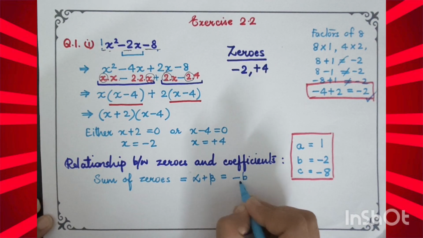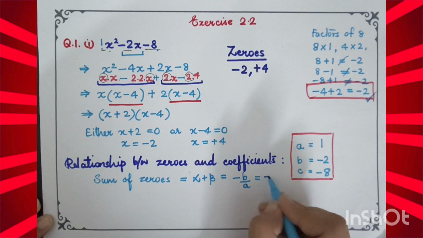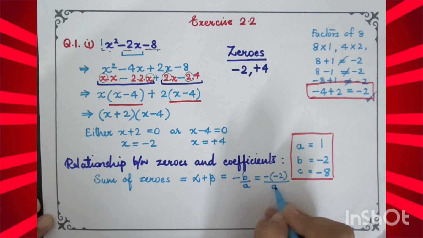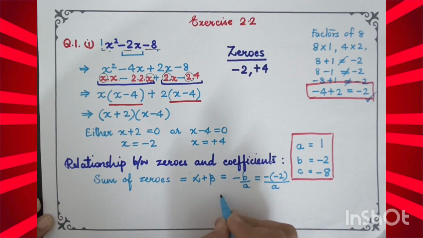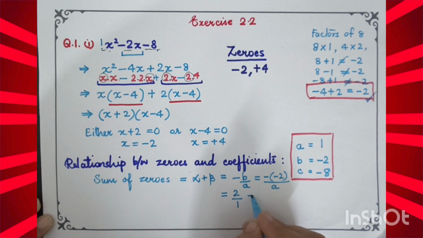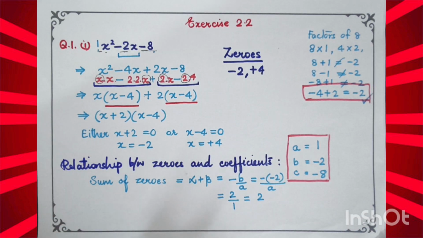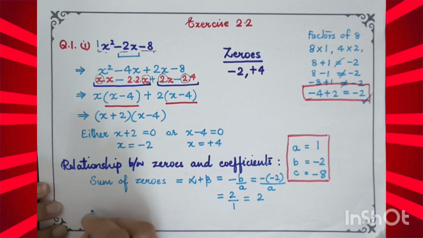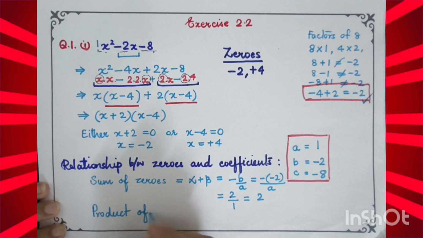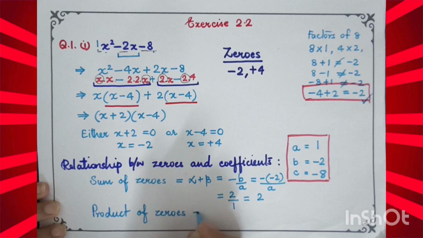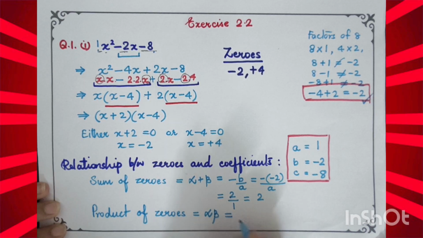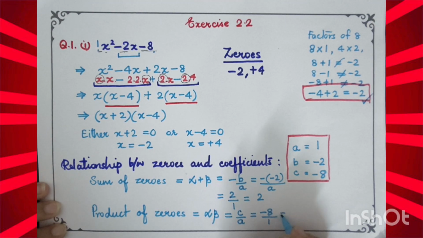Here minus b is minus 2 and a is 1, so minus into minus becomes plus. So plus 2 upon 1 is equal to 2. The next relationship is the product of zeros, alpha into beta, which is equal to c upon a, the coefficients of the last and first term. So that is minus 8 upon 1, which is equal to minus 8.